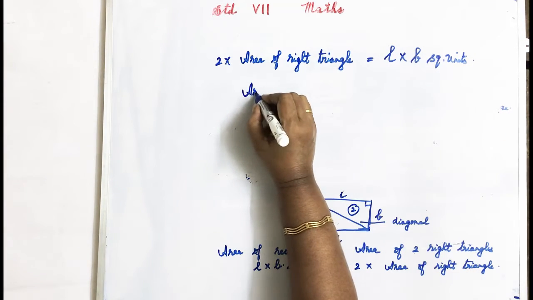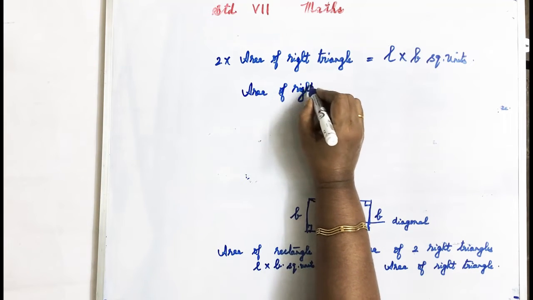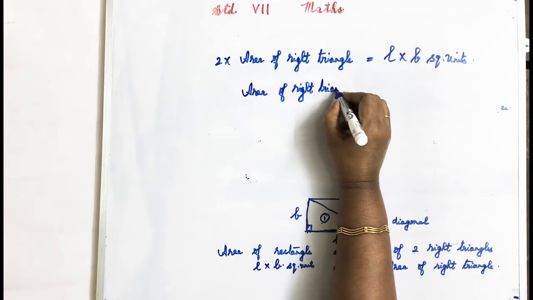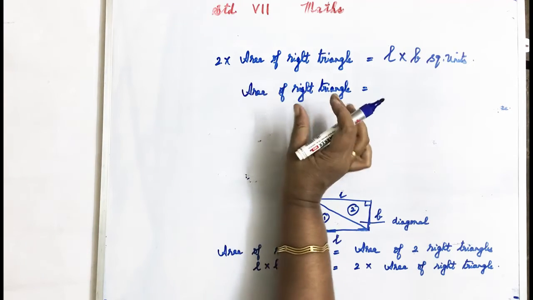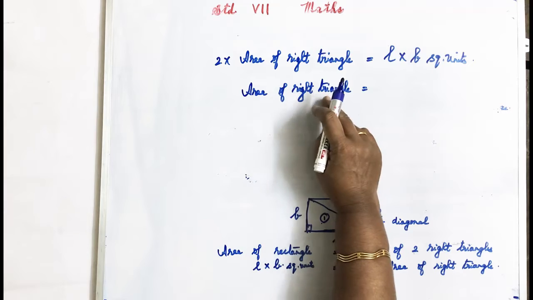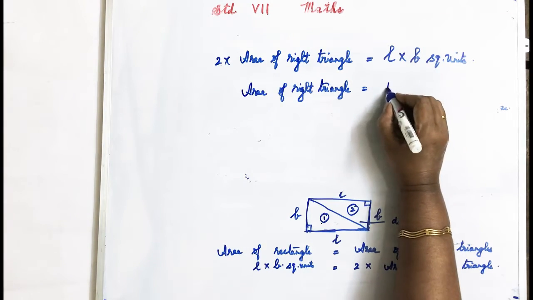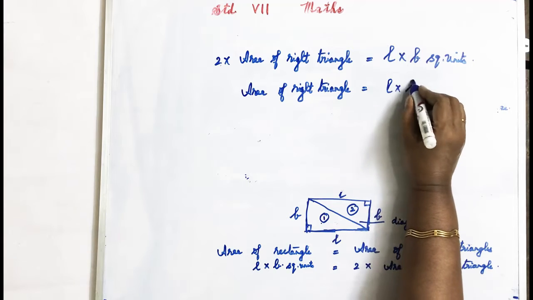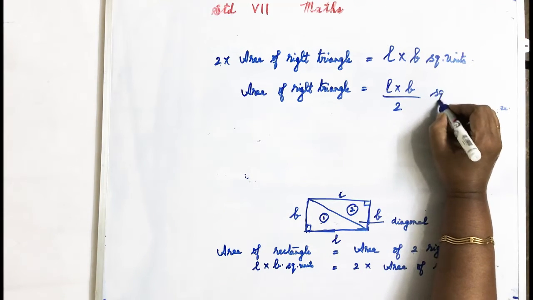So area of right triangle is equal to, here we are having 2 into, now we are going to find out area of right triangle. So this is L into B divided by 2 square units.